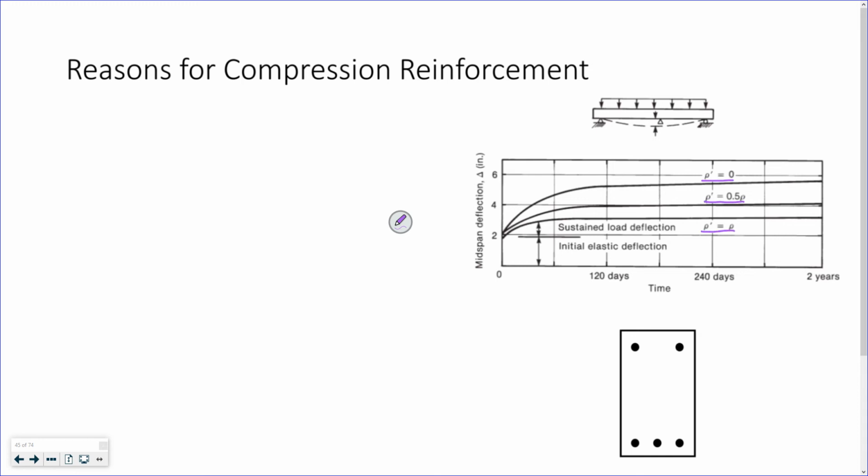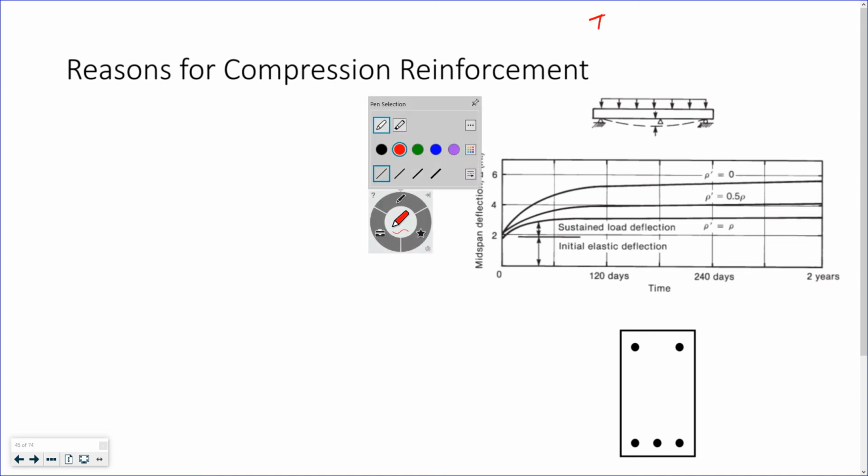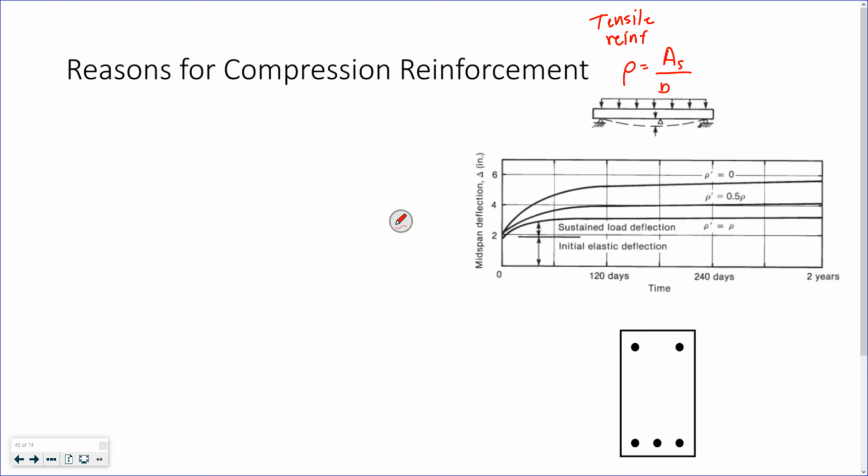reinforcement ratios. If you recall, the reinforcement ratio for tensile reinforcement, rho, is equal to the area of steel over the beam width times my depth to the centroid, D, which is basically your effective area of concrete.